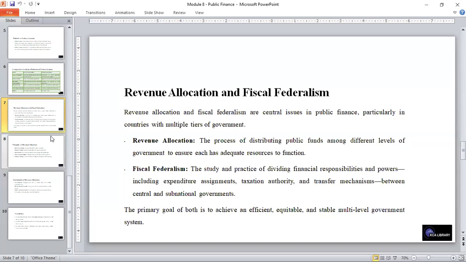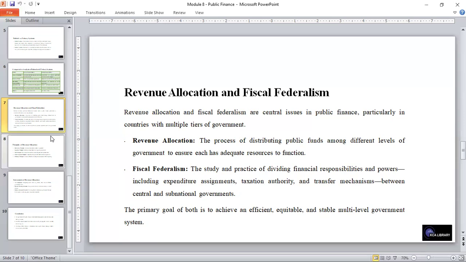Just like in Nigeria, we have the federal, the state, and the local government, and the revenue is allocated as per these three tiers, while the federal also has its own share of whatsoever comes in.